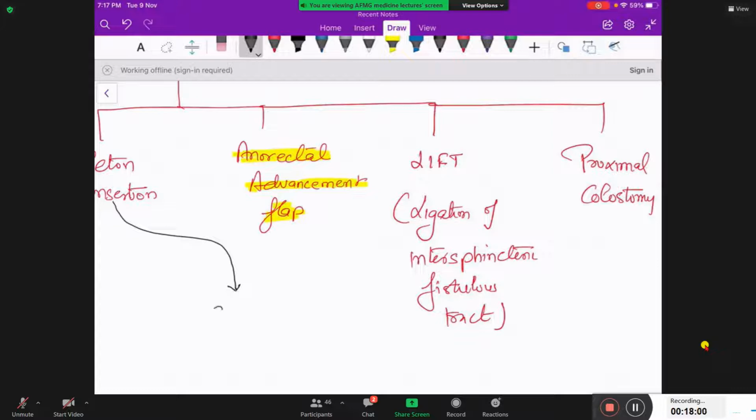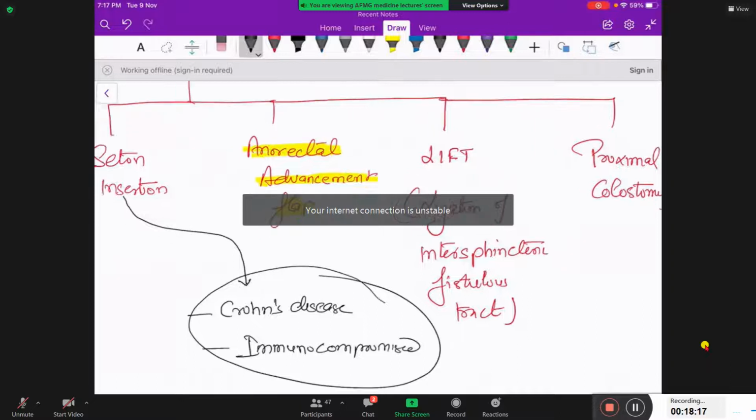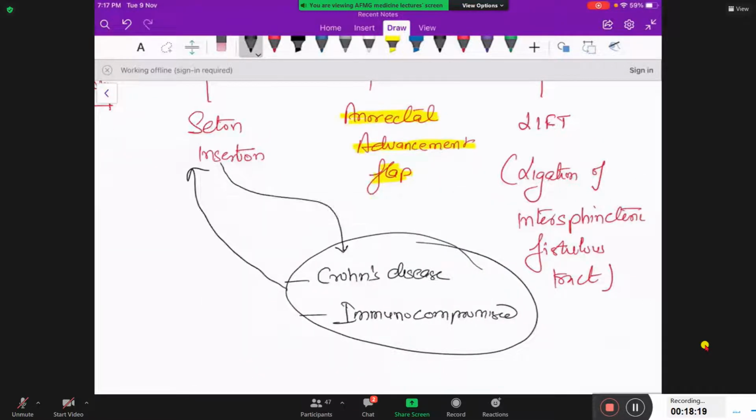In patients with Crohn's disease, if they have a high type of fistula, we should prefer doing a seton insertion. So they may provide you an HIV patient with a high type of fistula and ask you what is the treatment.